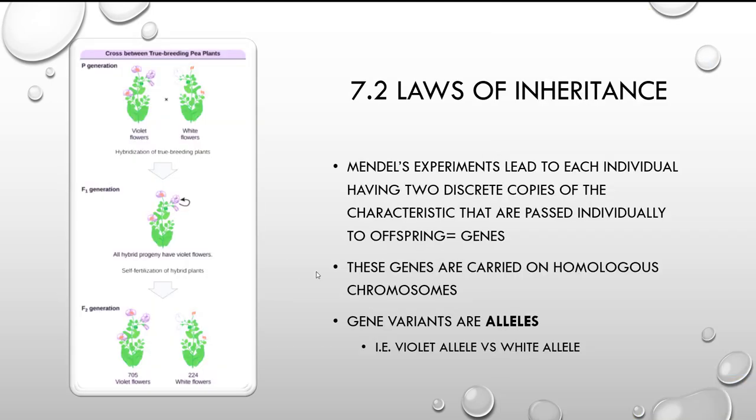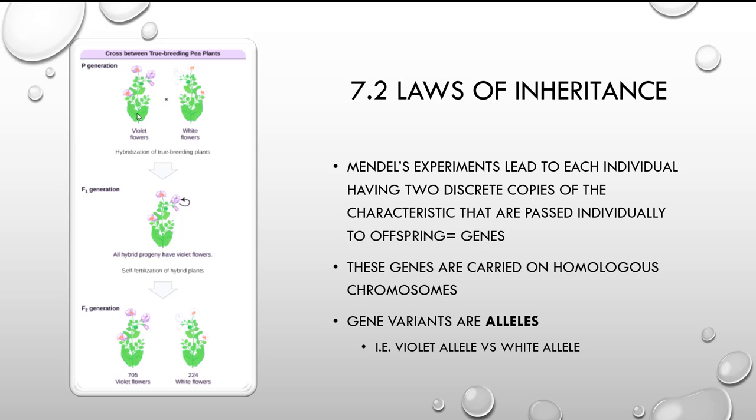Okay, so in the previous video we talked about Mendel's experiments, and remember how in his experimentation he figured out that each parent pea plant had two discrete copies of a characteristic.